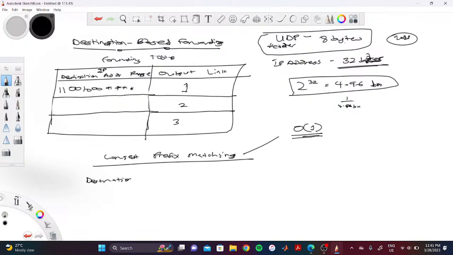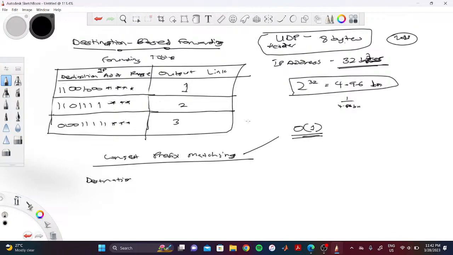What happens is that these stars are wildcards, right? Every star is a wildcard. So, another one: 000 star star star.